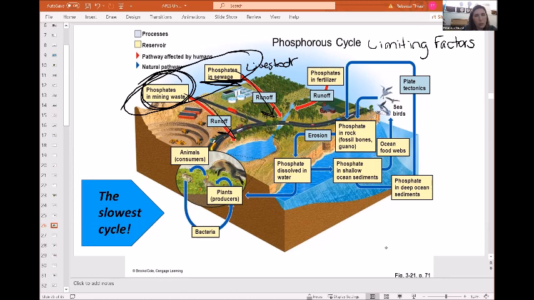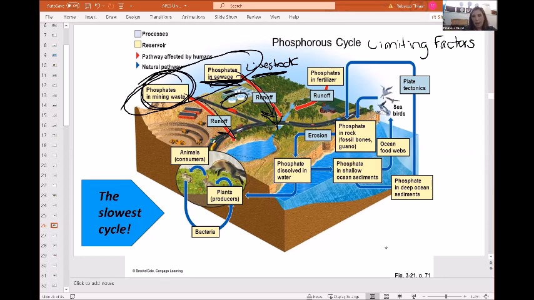Sometimes human waste, but typically, especially in the developing world, it's raising livestock like chickens, pigs, cows, things like that. The phosphates that are present in their waste are often kept in retention ponds here, and if it rains or if they overflow, then it can flow out into these aquatic systems.